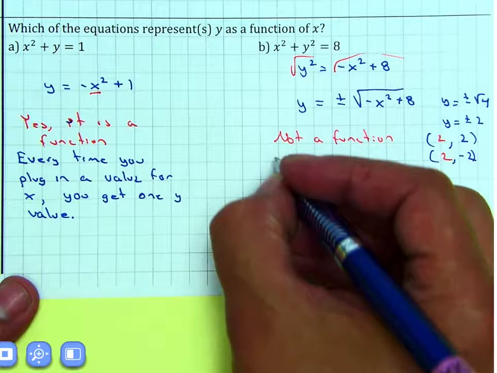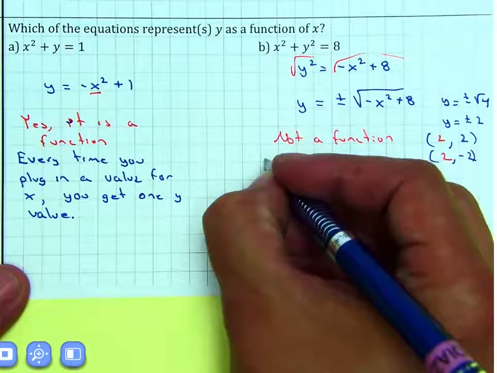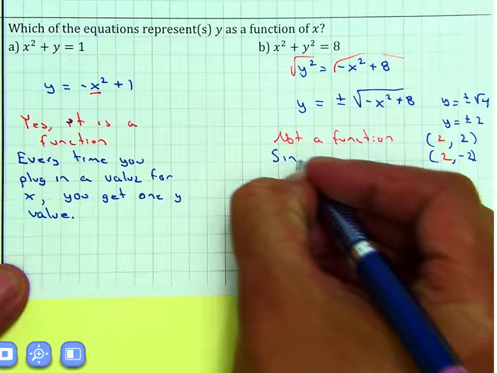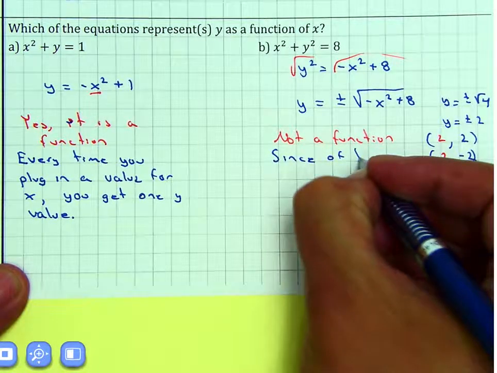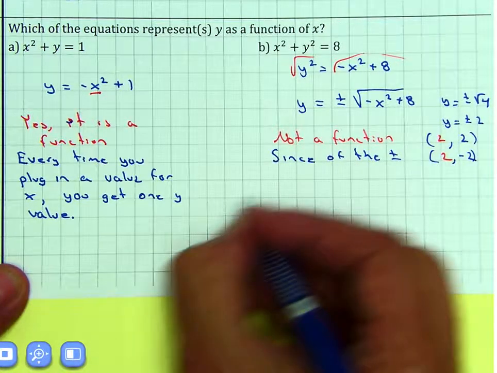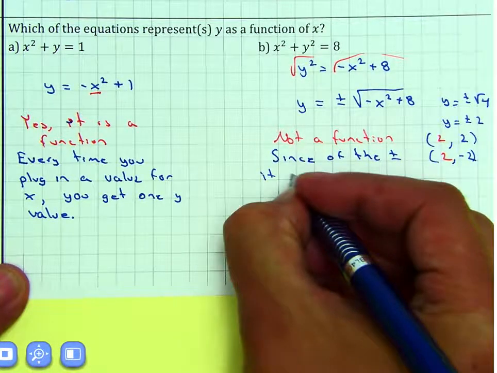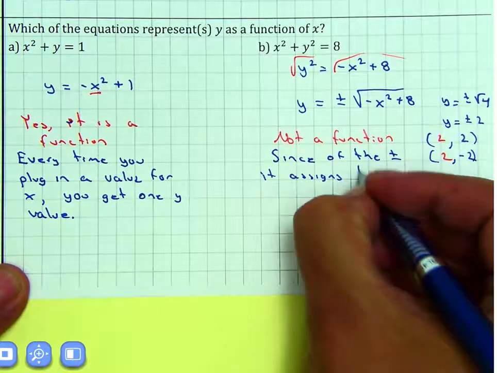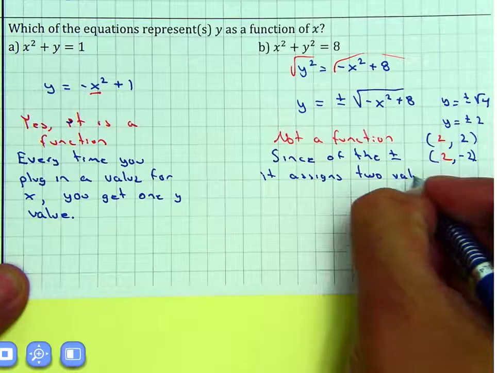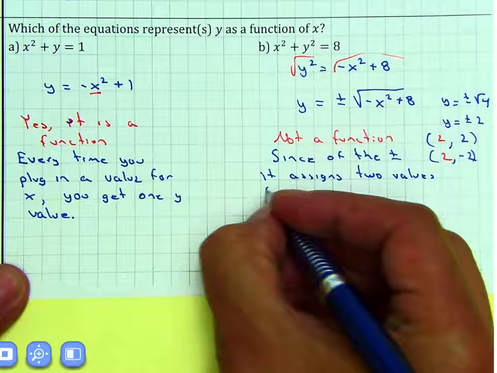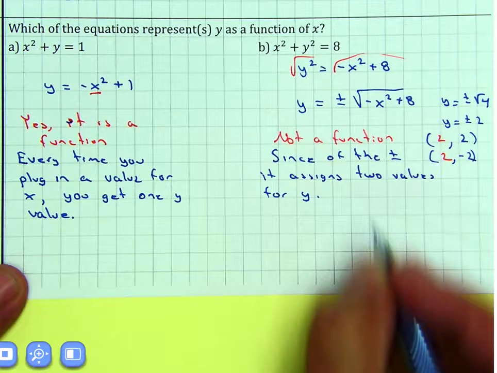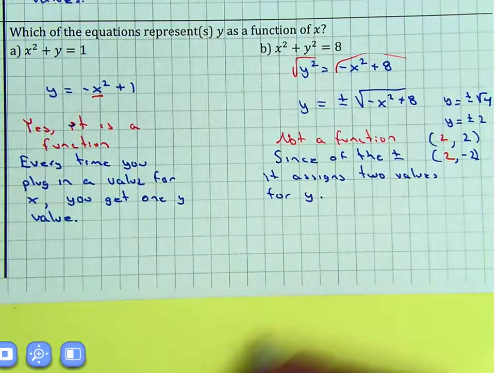And because of the plus or minus, it assigns two values for y every time you plug in an x.